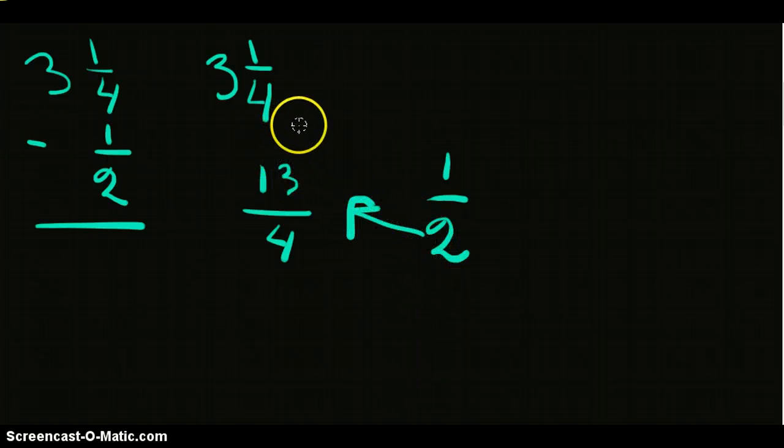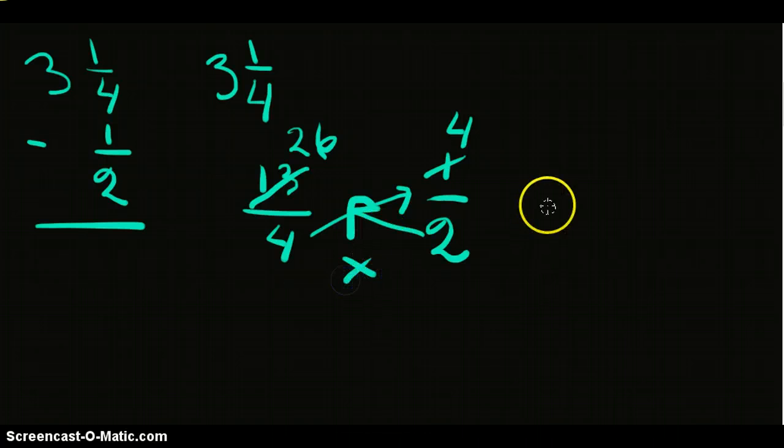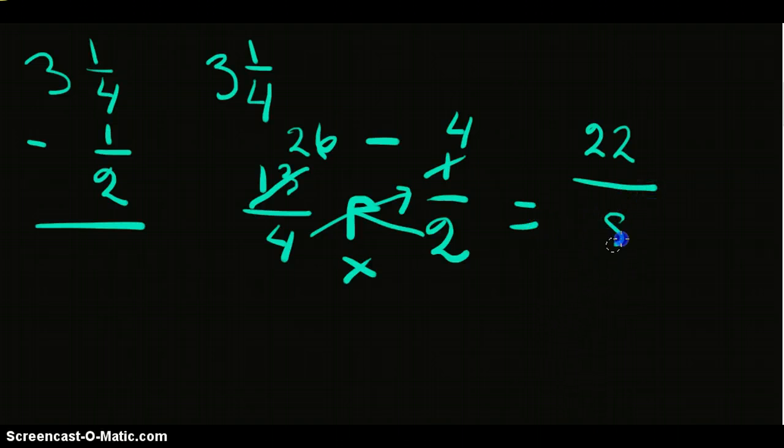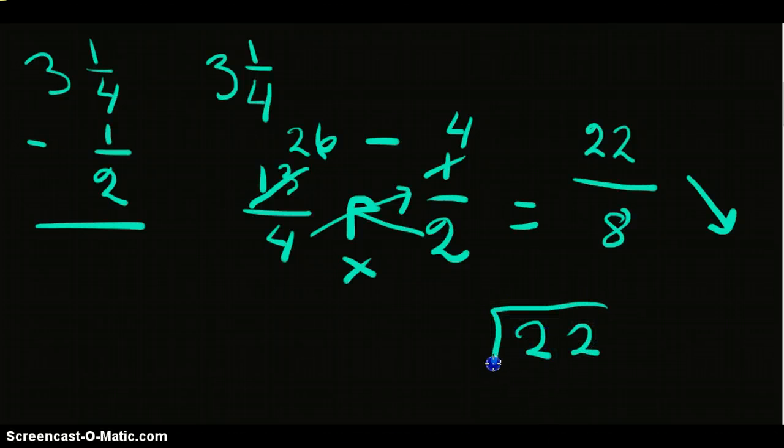2 times 13 is 26, new numerator. 1 times 4 is 4, new numerator. Multiply those denominators, and voila, I've got 26 minus 4 becomes 22/8. Yes, it's improper. Lay it down on its side so the 22 is in the division box and the 8 is here.